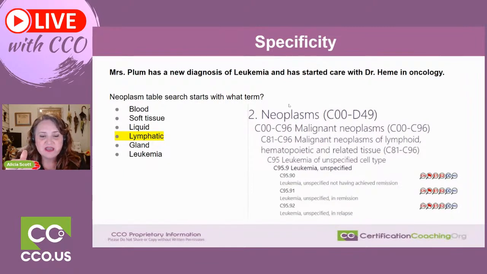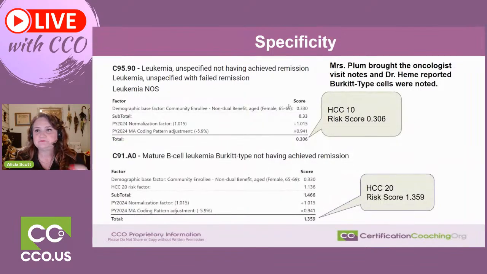And then you see that it further needs specificity: not having achieved remission, in remission, or in relapse. And these are all unspecified types of leukemia. So the code set wants to know, is it in remission or not in remission? And we know that liquid cancers are never a history of. They are in remission or not in remission. Again, you just have to know that.